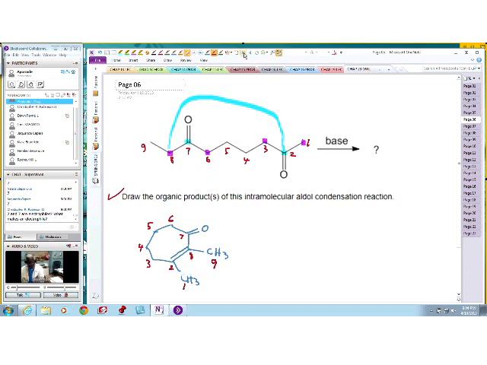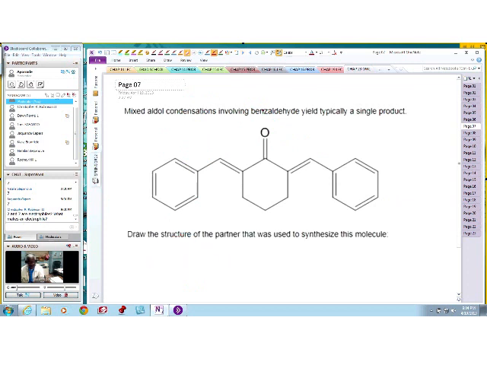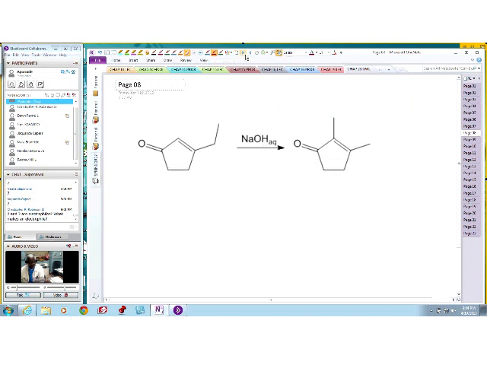I want us to do a mechanism problem. This should be fairly easy for all of you. Before we leave, let us do this reaction mechanism here, in order to test your true knowledge of enolate anion chemistry.